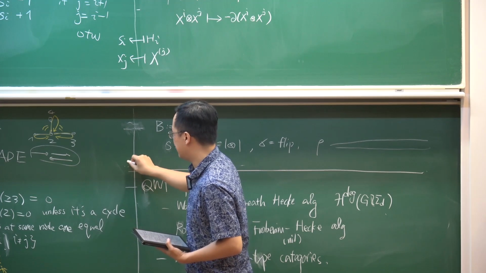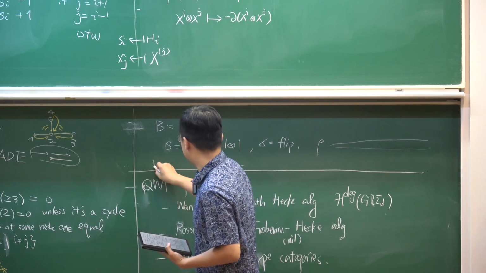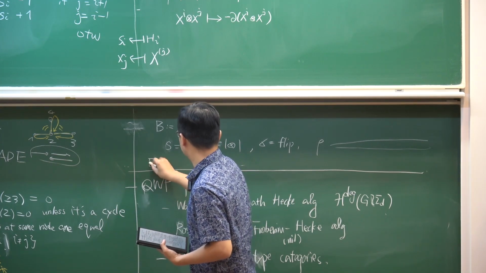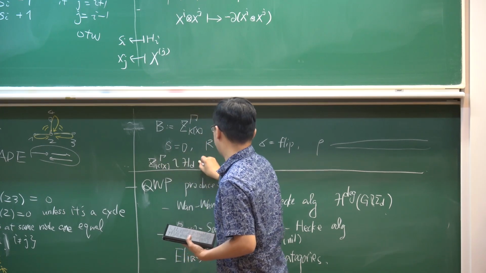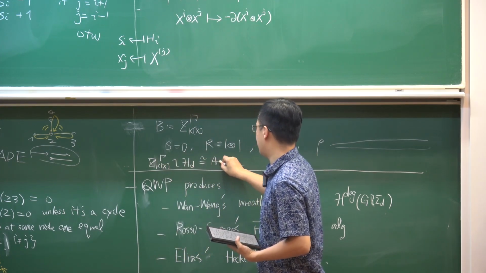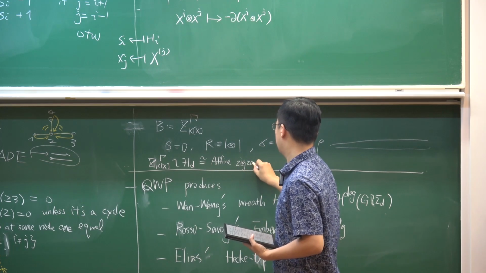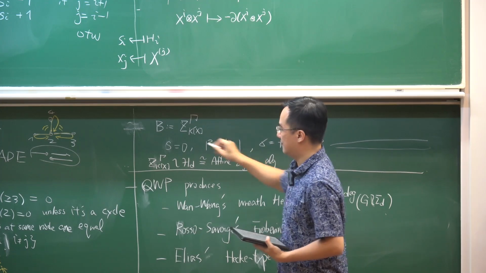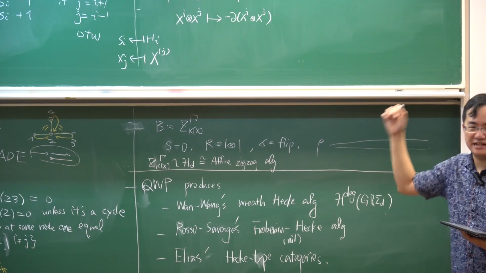So by this, B is isomorphic to the affine zigzag algebra. In the title. So we're choosing this affine diagram? No. So you use the finite diagram, but you do an affinization.